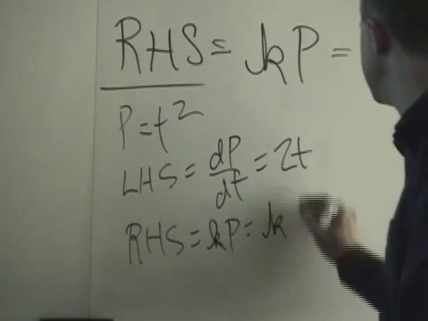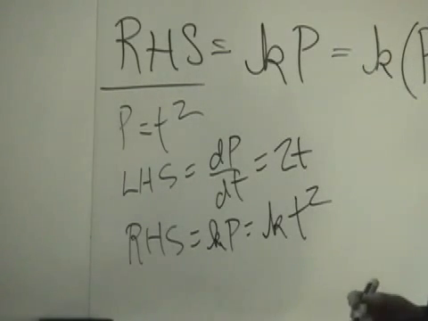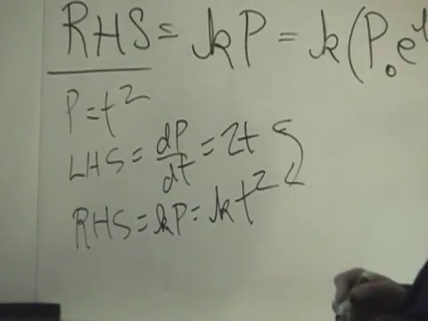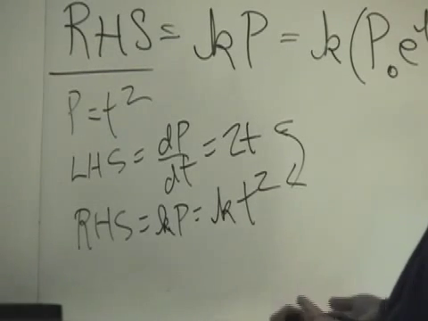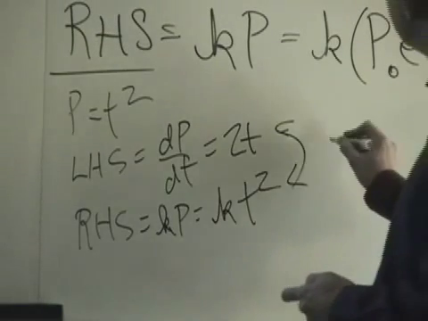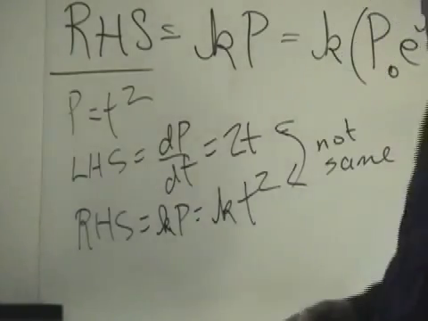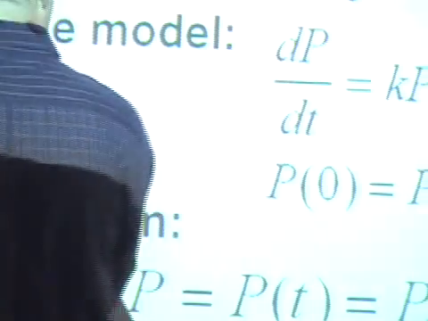This function is t squared, so I get kt squared. And while these could be the same at certain values of t, like t equals 0, they're not the same function. The point being that t squared is not a solution to the differential equation.